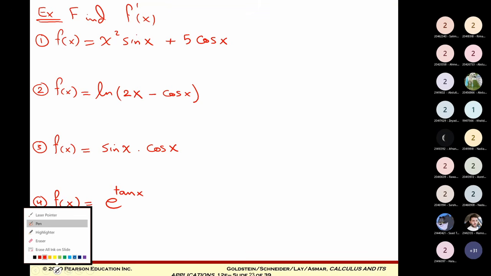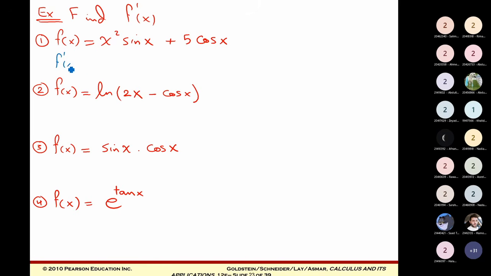Okay, now the first one, f prime equal, what's the derivative of x square multiply sine x? This is a product. So we need to find the derivative of the first multiply the second plus the first multiply the derivative of the second.